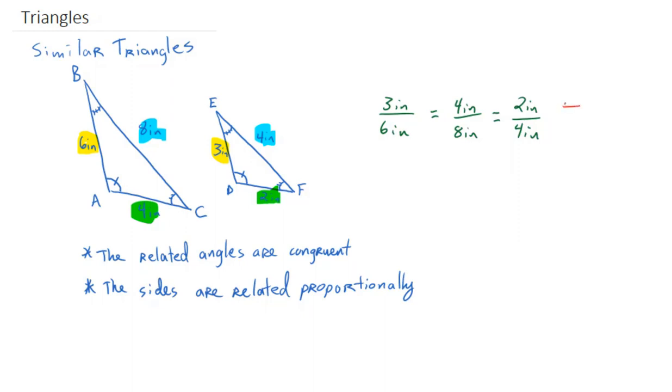If you look across the entire top of my fractions here, these are all from the smaller triangle. And if you look across the entire bottom here, these are all from the larger triangle, or the big triangle.